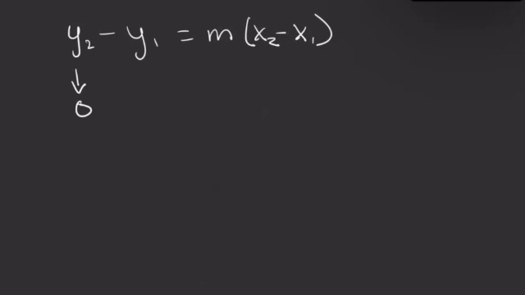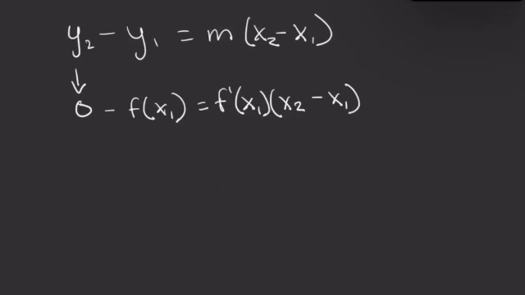So we're plugging in 0 for y2. And then we have 0 minus y1, which is equal to f of x. And as we learned earlier in the semester, our slope is equal to f prime of x. And then we have that times x2 minus x1.